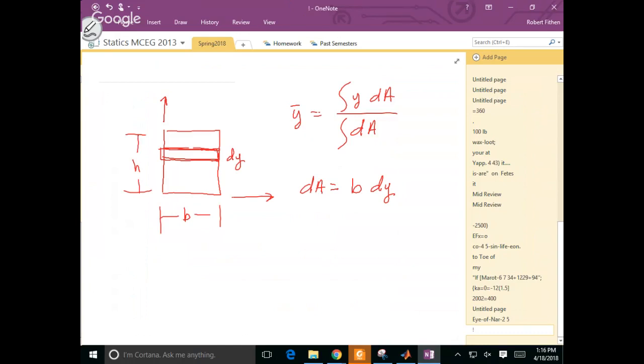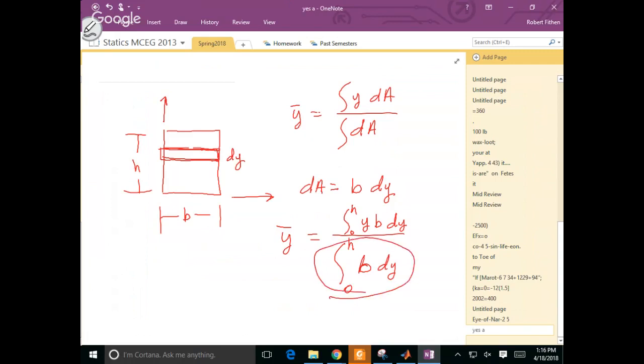At first glance, you may see this as being kind of a waste of time, but then in chapter 10, we'll reuse this same page. So y bar would be nothing but the integral of y b dy, and the y is going to go from 0 to h. I did not leave myself a whole lot of room. If I look at the bottom term, I can just extract that out.